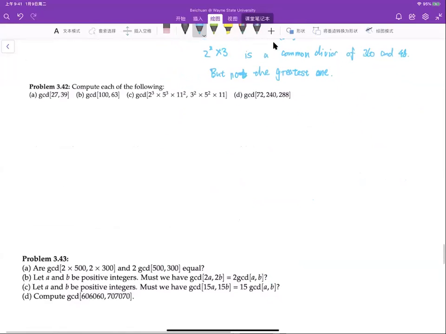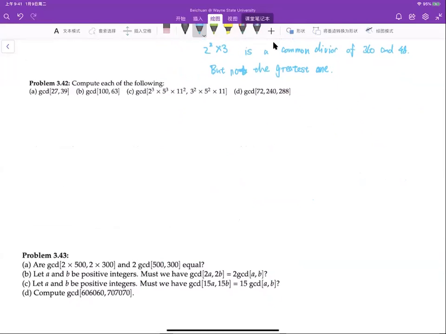Well, we can do the same thing for 3.42. You can see that whether for the LCM or GCD, we always need to find the prime factorizations of the two numbers. So let me summarize here. For both of them, you always need to find the two prime factorizations.